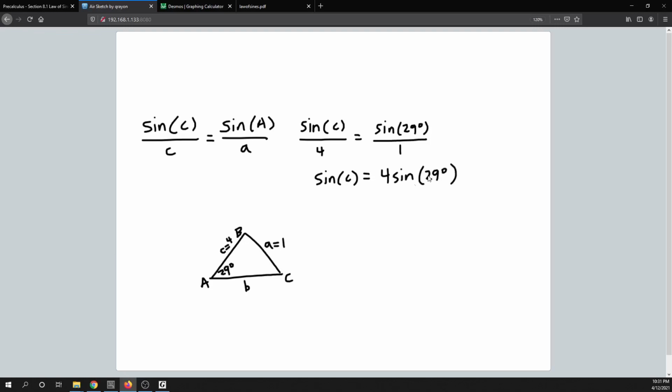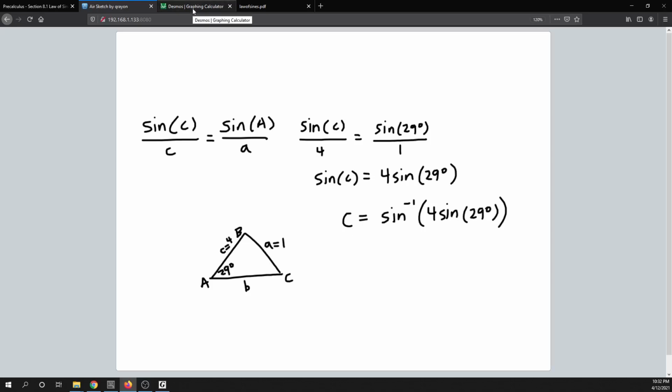Like so. All right, and so now I want to find out the angle C. So what I would do is use the inverse sine, all right, to figure out what angle C would be.